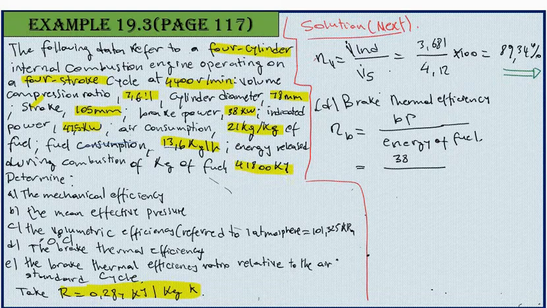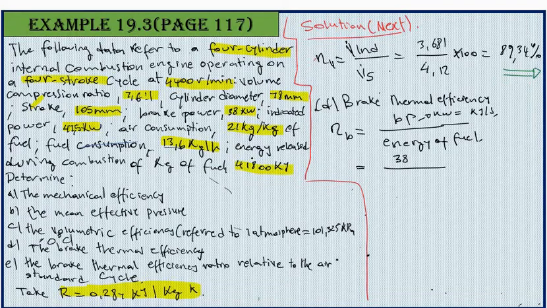So that needs to be expressed in kilojoule per second, because my first power is expressed in kilowatts, and a kilowatt is the same as a kilojoule per second. So I also need to make sure that this value here is expressed in kilojoule per second, and this is the mass of fuel.